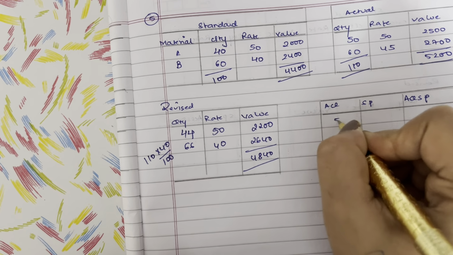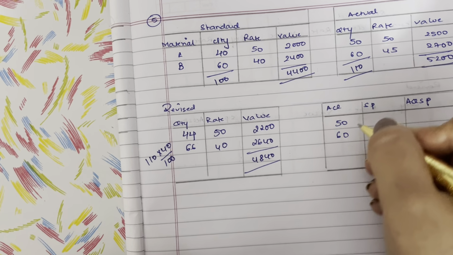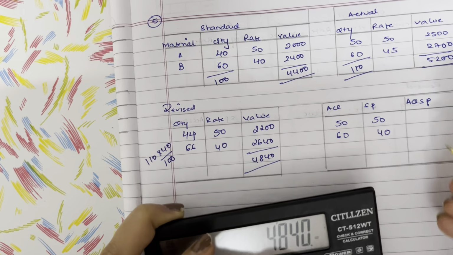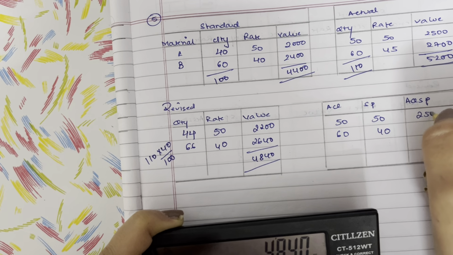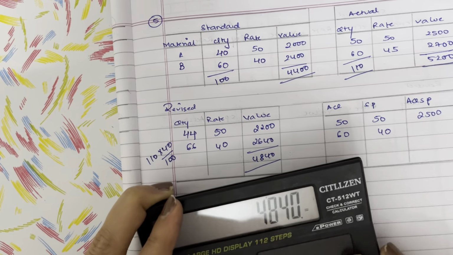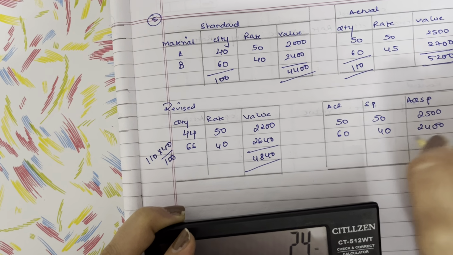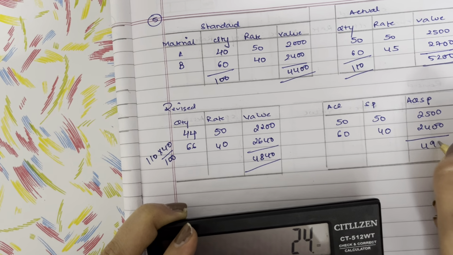Actual quantity is 50, 60, standard price is 50, 40: 2500 and 60 into 40 will give me 2400, which is 4900.